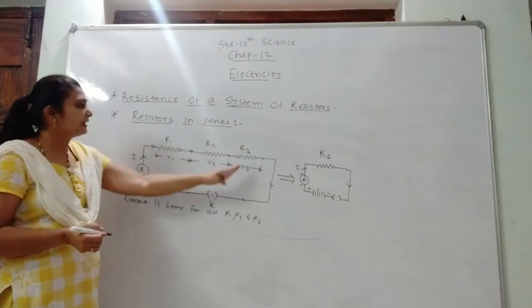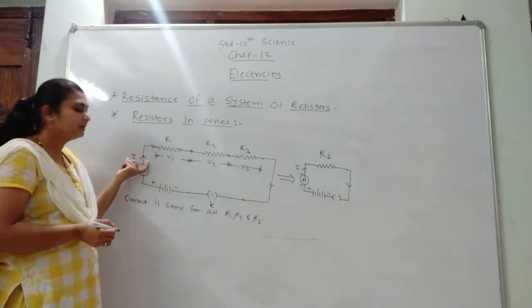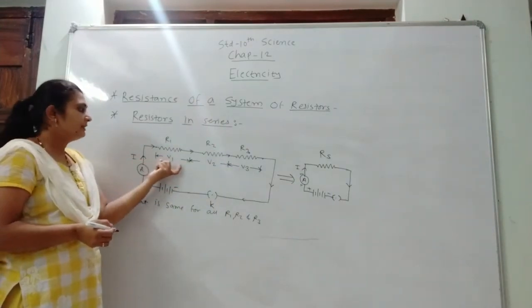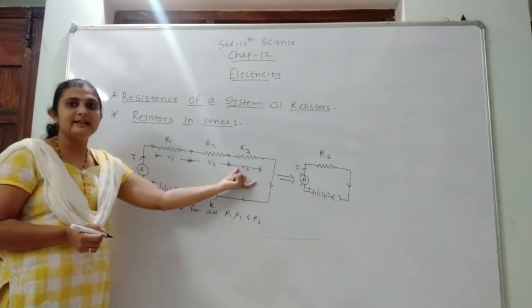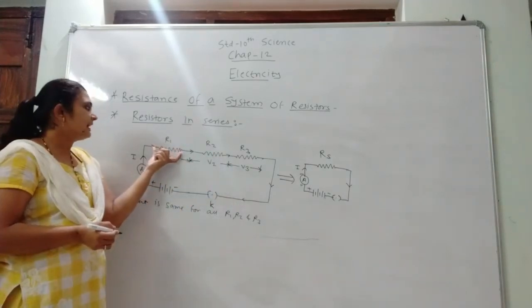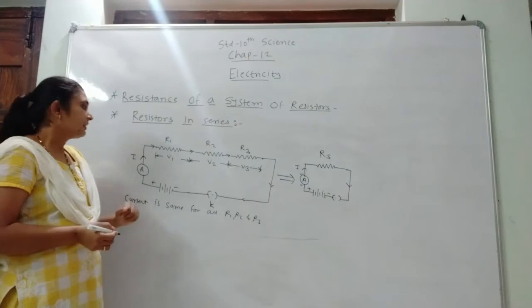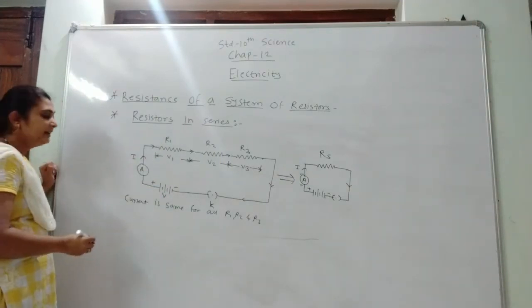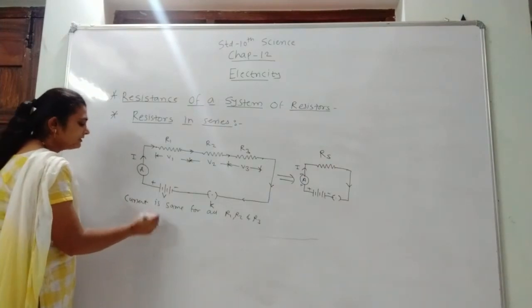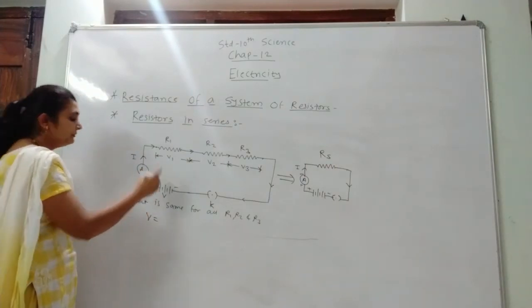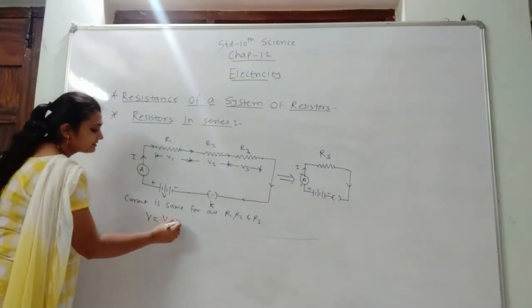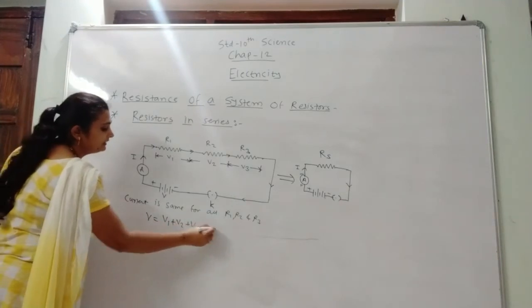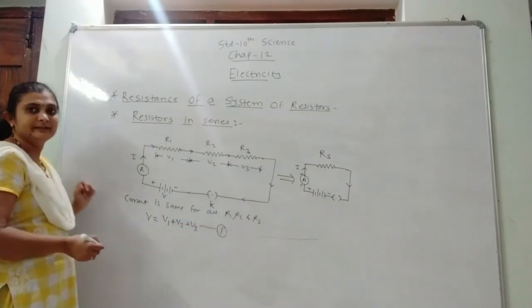The current flowing through the circuit is the same because the path of the current does not change, but V1, V2 and V3 are different for resistors R1, R2 and R3. From this circuit we can write V is equal to V1 plus V2 plus V3, equation number 1.